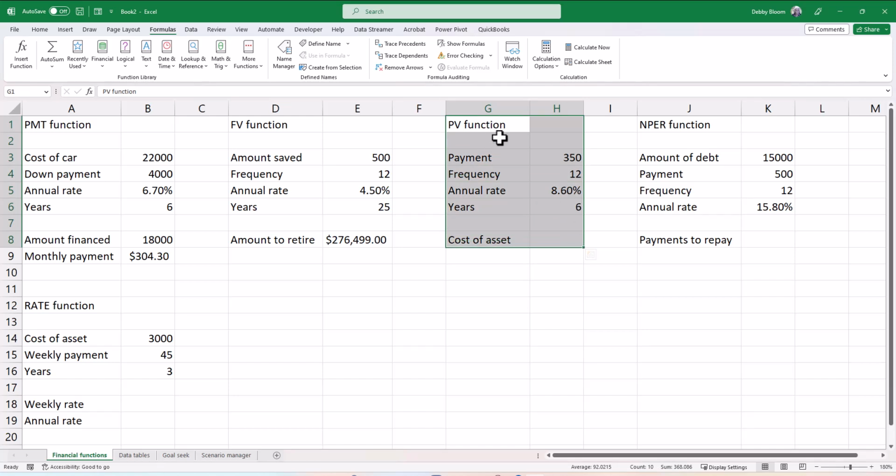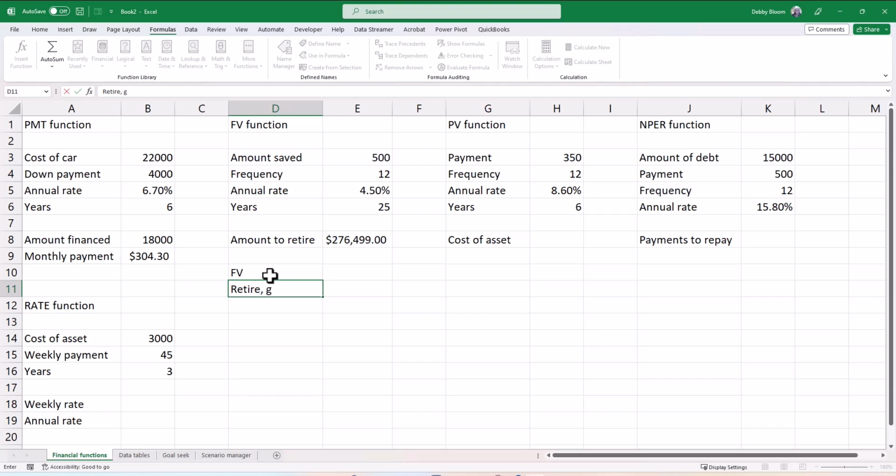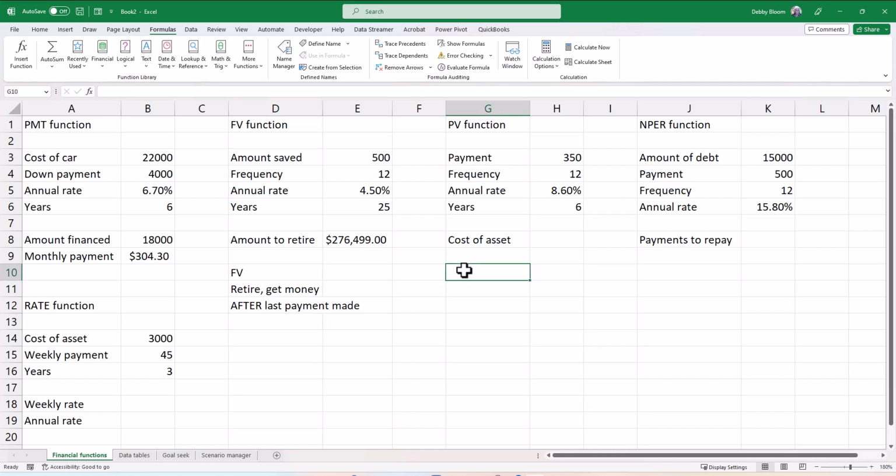The difference between the PV function and the FV function is that when I retire, I get my money after the last payment is made. Now, when you're talking about a PV function, once again, that's like buying a house or a car.